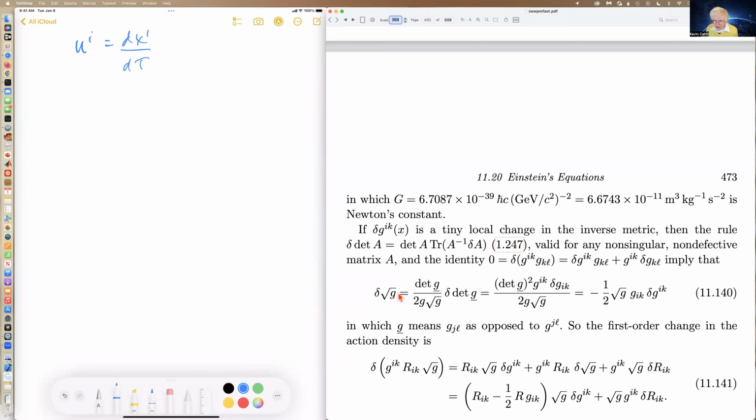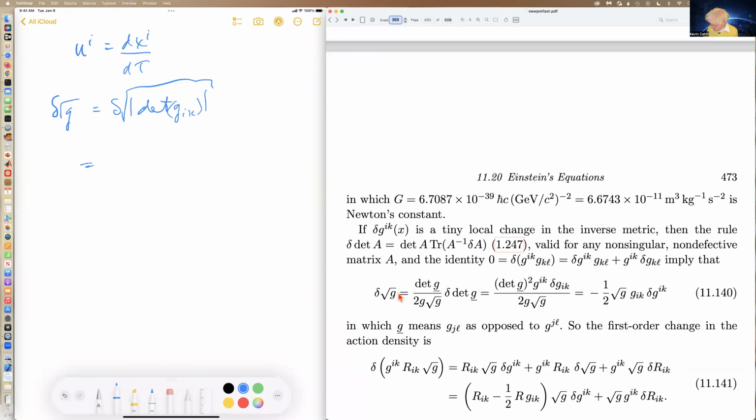So, change in square root of g. Well, this is the change in the absolute value of the determinant of, say, g_ik, and then the square root.